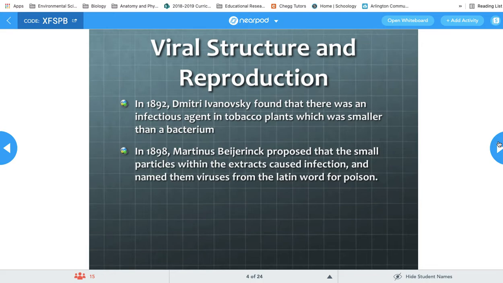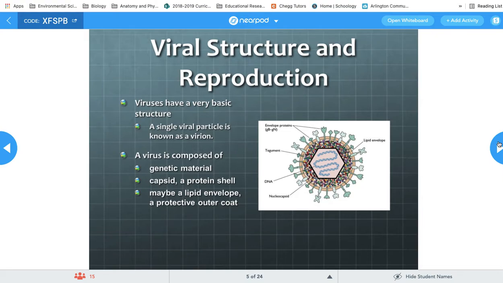In 1998, Martinez proposed that there was a small particle within the extracts that caused infections. They named them viruses from the Latin word for poison. Anything from this last year and a half can really show you what that looks like, with people being poisoned by viruses. Now, we don't speak Latin anymore, but at that point in time, it was a great word to describe what viruses are, and it was very relatable.